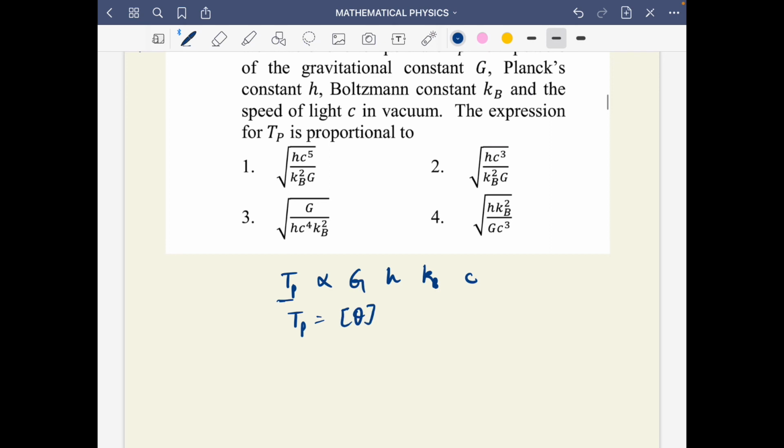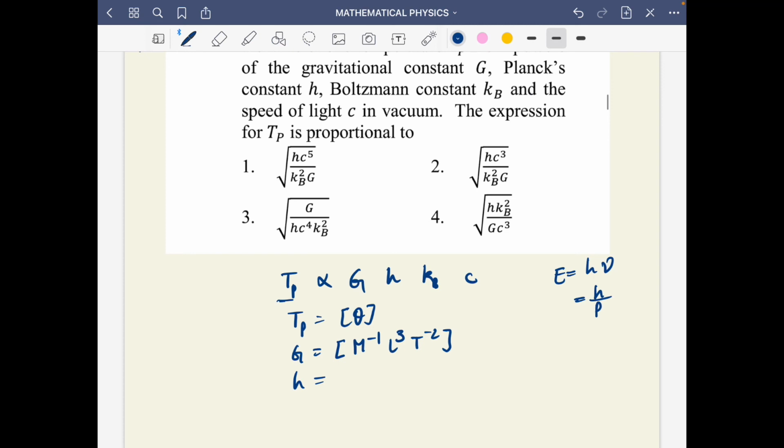G has the dimension, which you can calculate from F equals G m1 m2 by r square. I will write it directly, I will not waste time. You can calculate it, it is easy. M to the power minus 1 L cube T to the power minus 2. Now Planck's constant's dimension can be calculated from E equals h nu, or from h by p, anything.